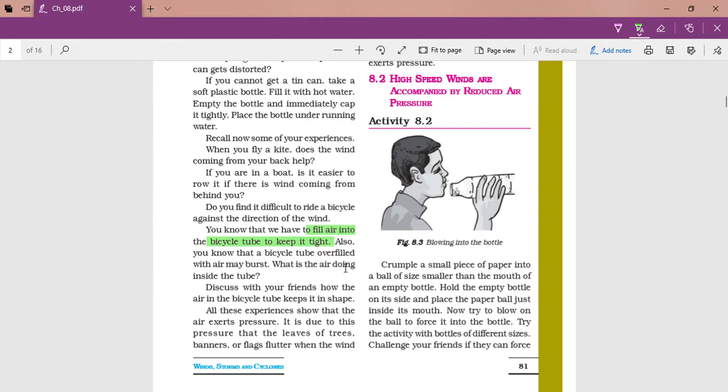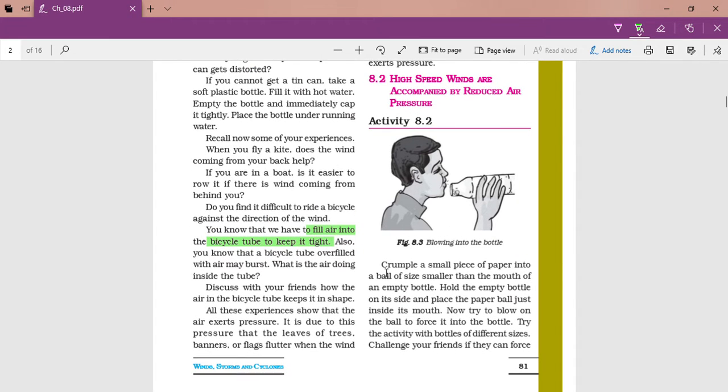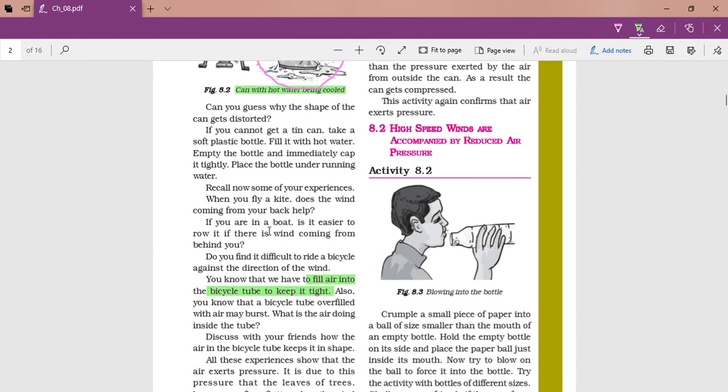One more example is the boat. Rowing a boat is easier if the wind blows in the same direction. It is difficult to row a boat against the direction of the wind.